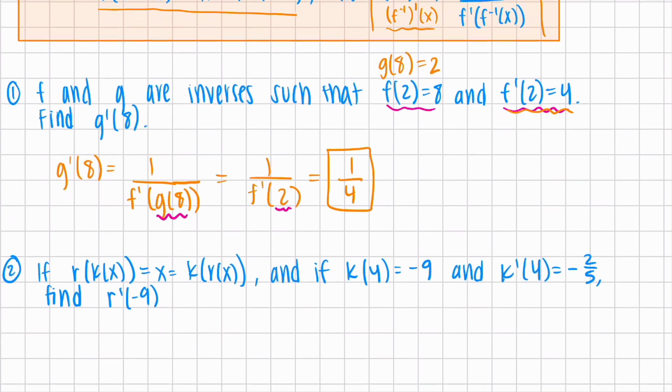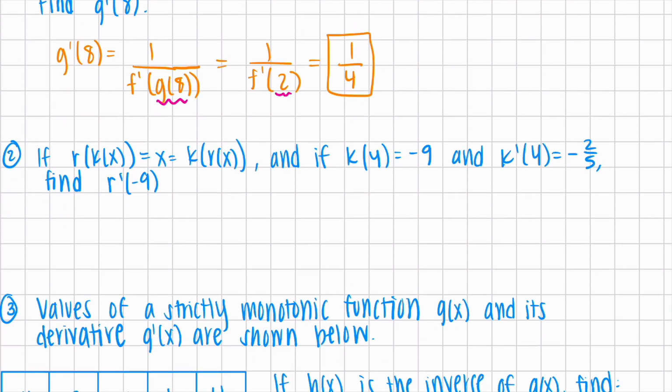Let's do a second one. Number 2, they're saying r of k of x equals x, and k of r of x equals x. That's them telling us that r and k are inverses. And they gave us k of 4 equals -9, k prime of 4 equals -2/5. And we want r prime of -9. So I'm going to plug into the formula again, 1 over k prime of r of -9.